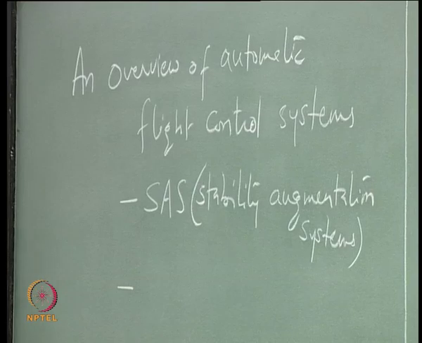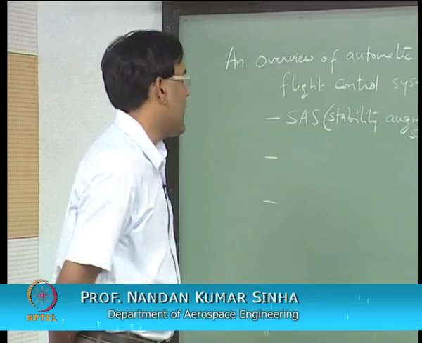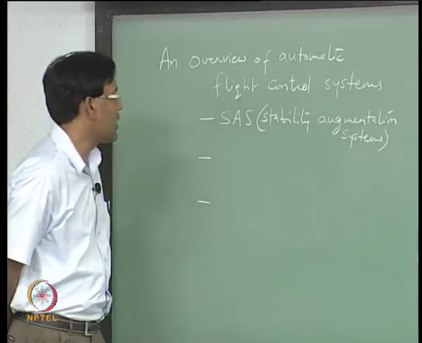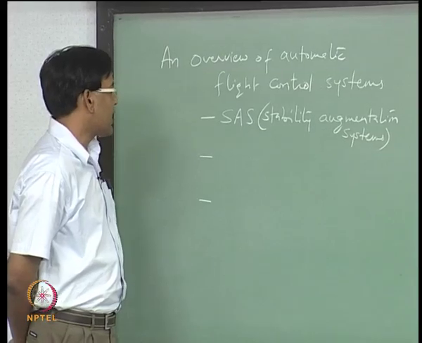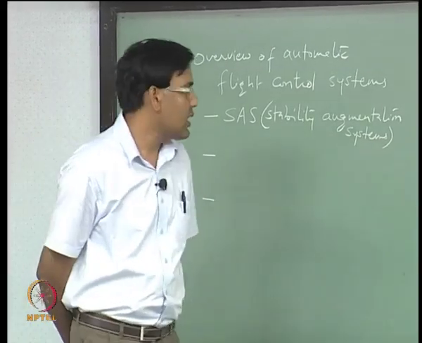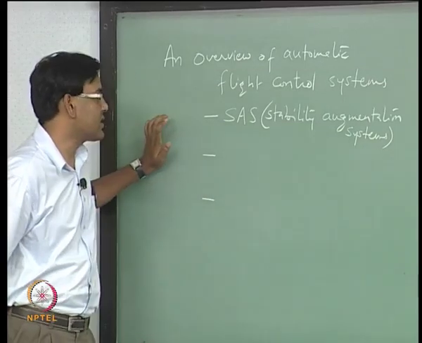In case your aircraft does not possess the required stability characteristics as per the requirements of flying and handling qualities, then you have to artificially augment the stability of the aircraft using a stability augmentation system.